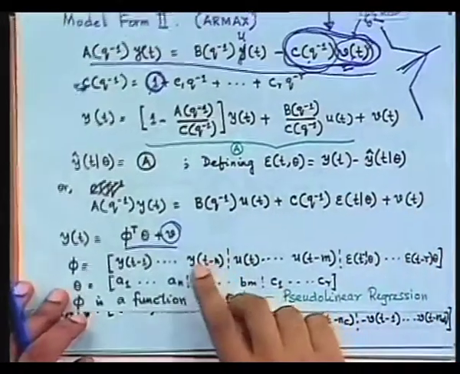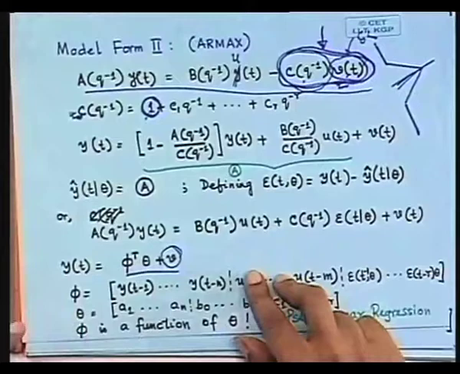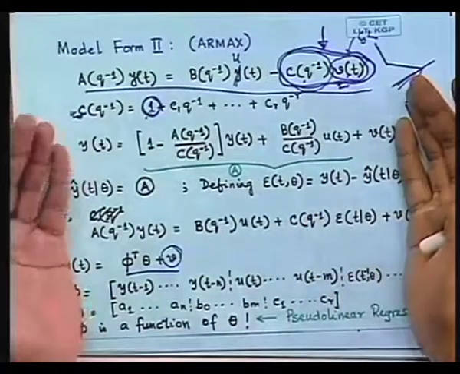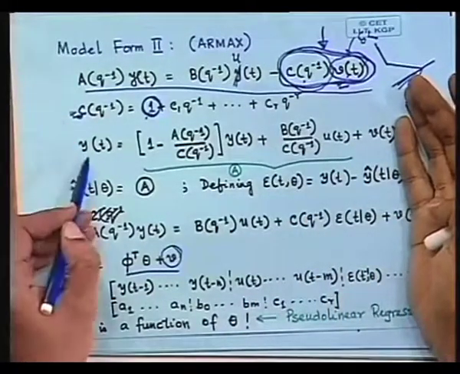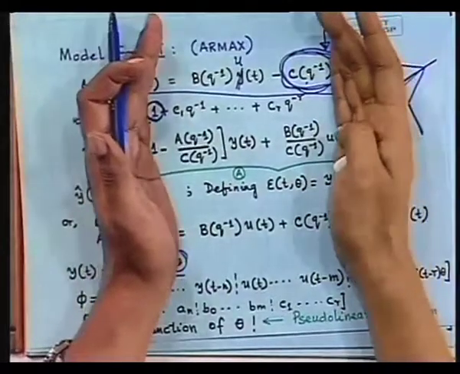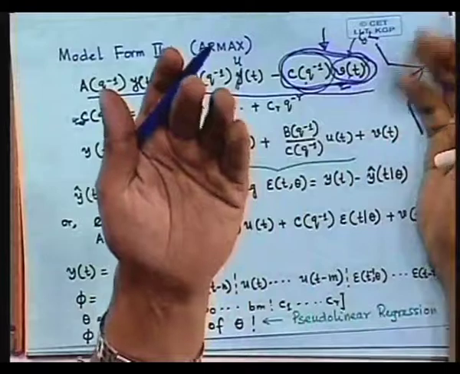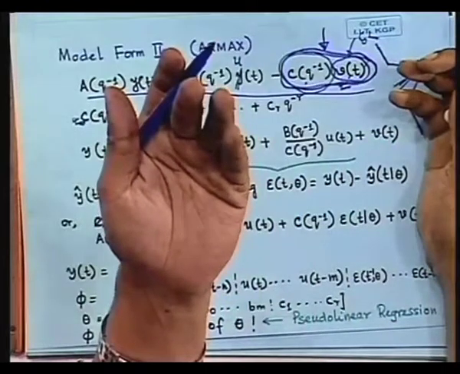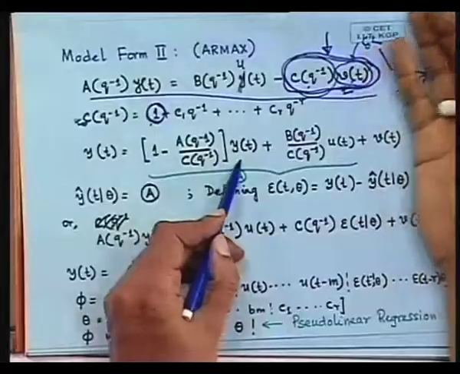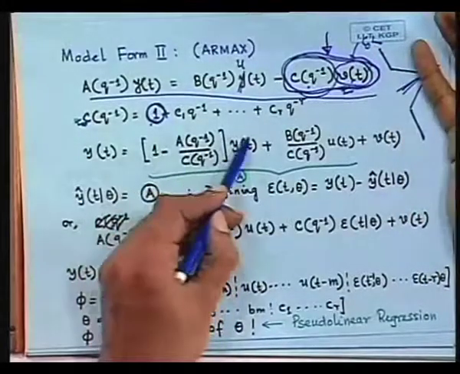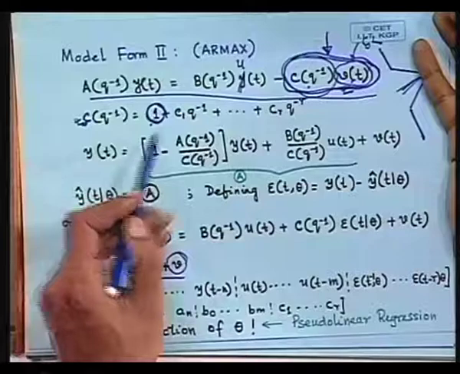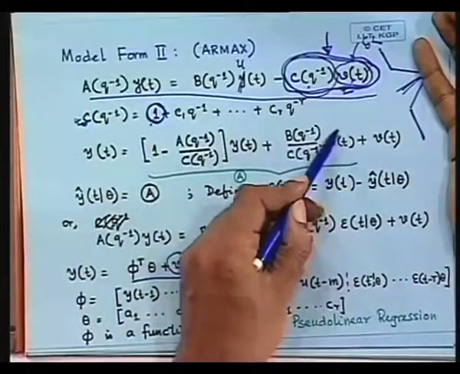So what is that manipulation? By now at least this much you should know: if something is some quantity plus white, then what is its conditional estimate? Only that part, because this is a function of y t minus 1, t minus 2. So this is given, and this is all known.